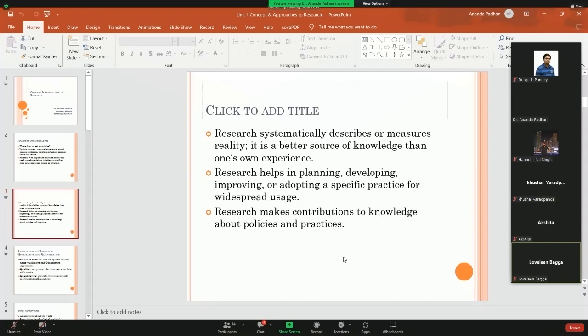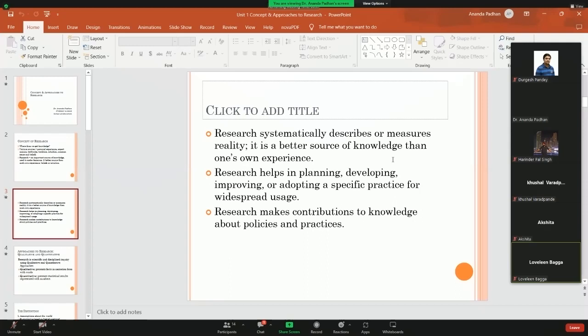And management students, all of you know how important data has become. Nowadays you have courses on data analytics and others. So research helps in planning, developing the system, improving the life of the people, and adopting a specific practice for widespread usage. A good practice that can be widely used.